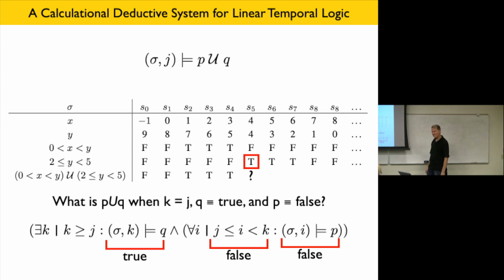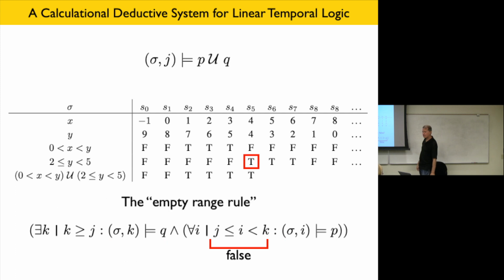It's and, is it not? Now, what is the identity of conjunction? True. Okay? So by the empty range rule, that's true. So that's why this is the empty range, and that's why that's true there.